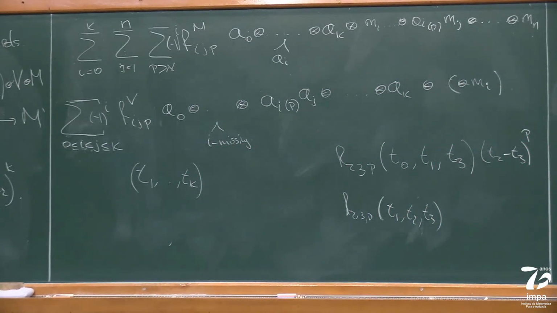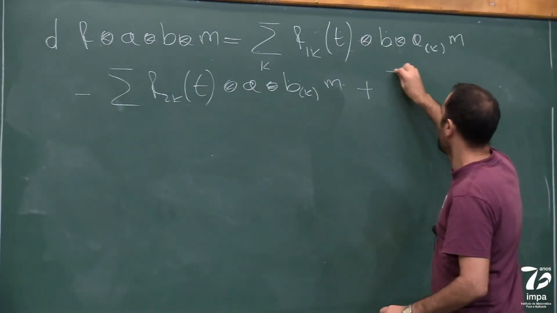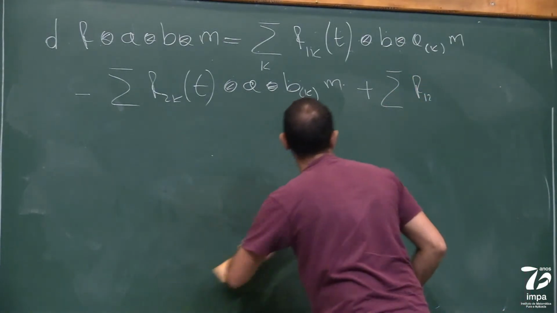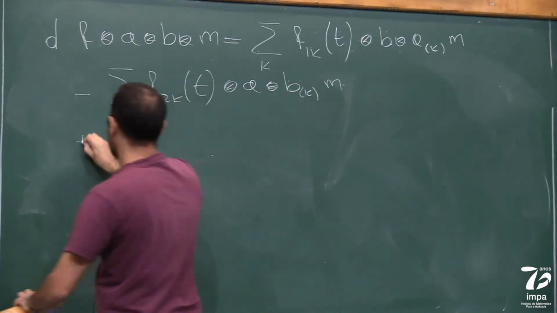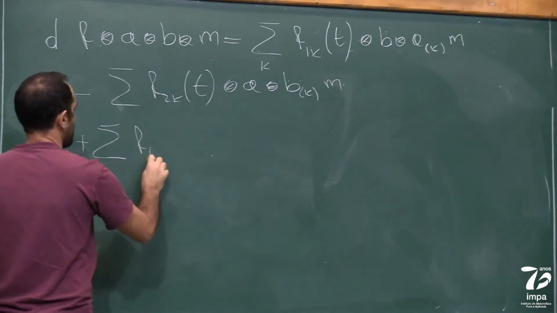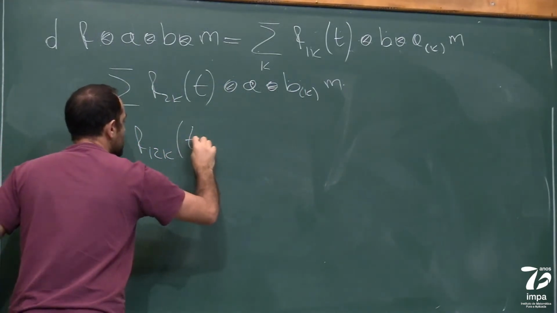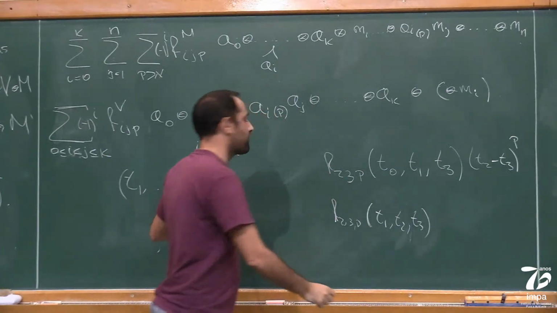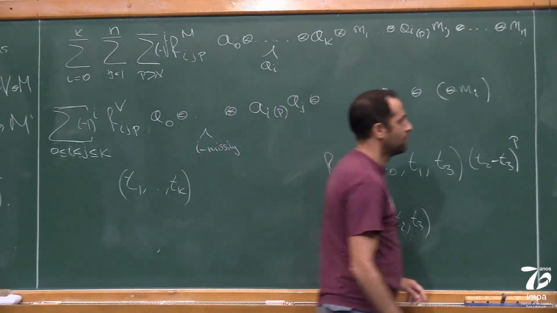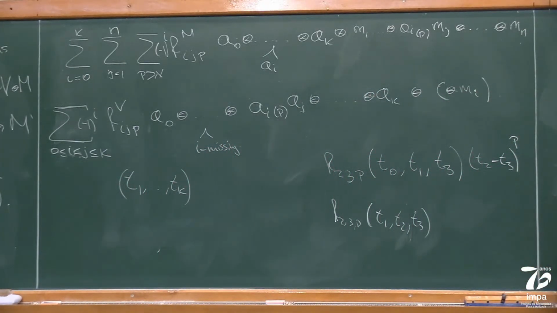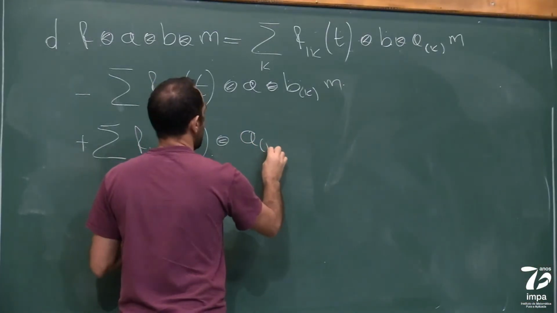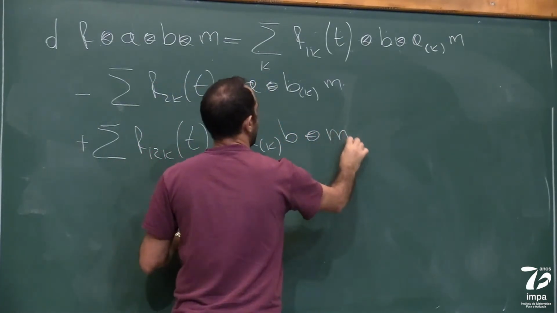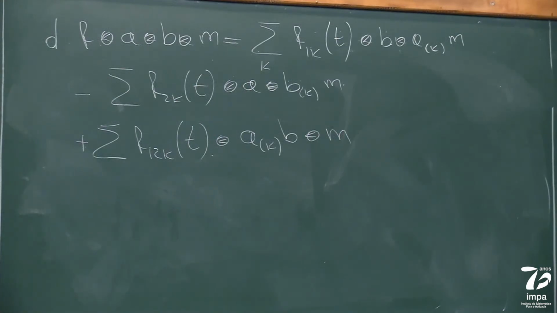And this guy comes with a plus sign, and it is the sum of f12k. This depends on one coordinate, again, t. The three of them are evaluated in the same set of coordinates. And now I have tensor a k b, tensor M. I left M alone. Okay, so that's what the differential is.